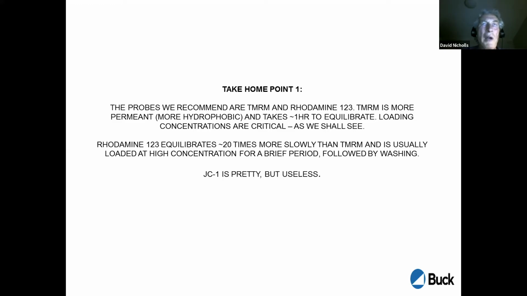So red mitochondria are polarized, but it's pretty useless. It aggregates, it precipitates, and generally it should not be used. I'm going to talk about one or two other fluorescent probes more on a warning basis, either in this lecture or in the final lecture.